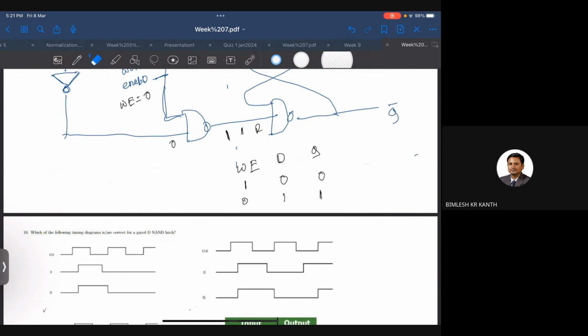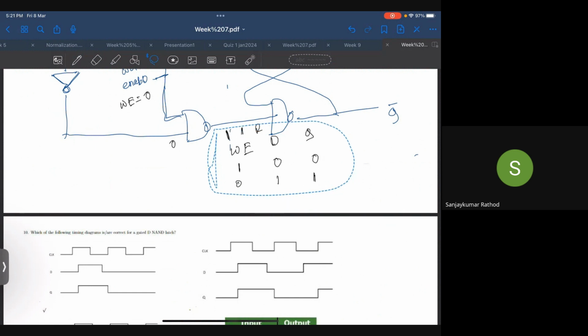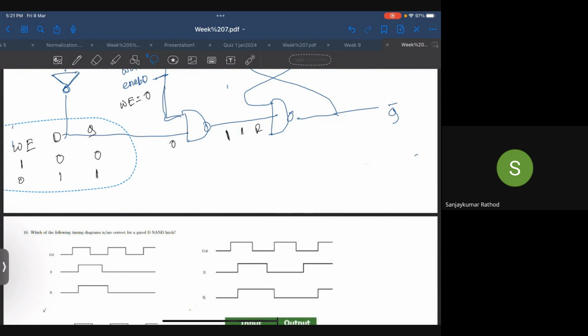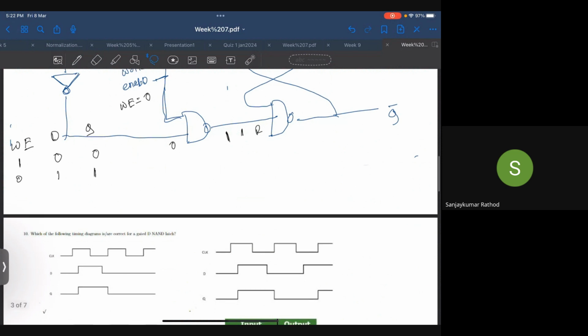So when write enable equal to 0 and D equal to 0, it will act as Q previous.